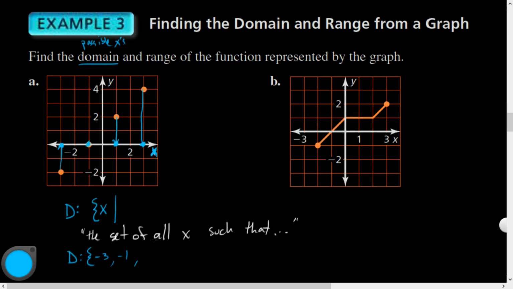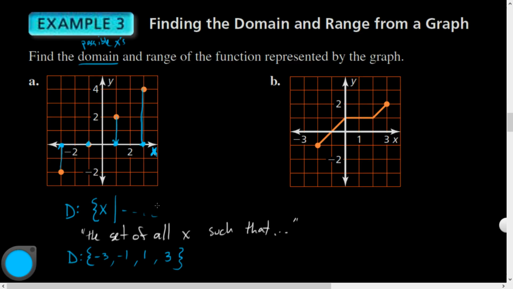X could equal +1. And what's the other number that x can be according to this graph? What's the other possible x value? 3.